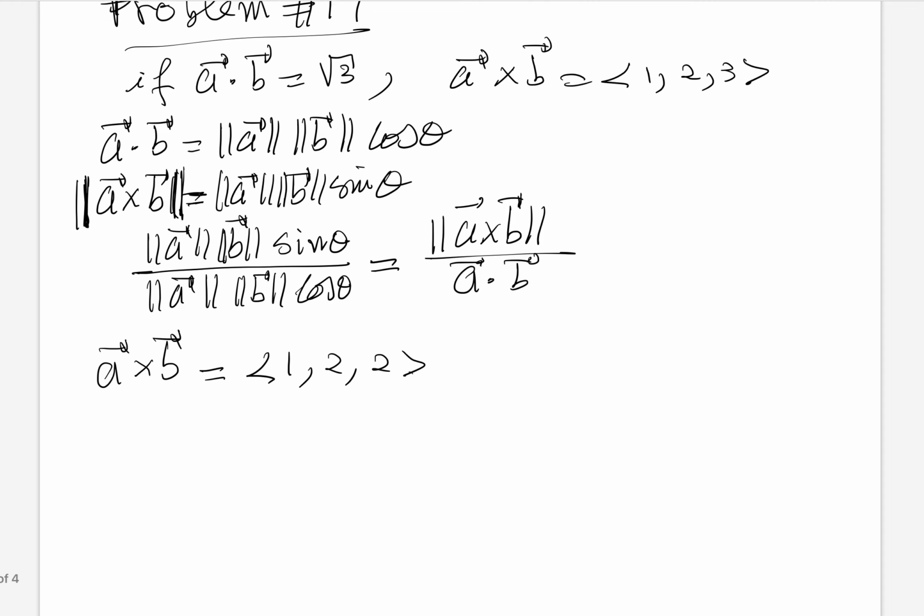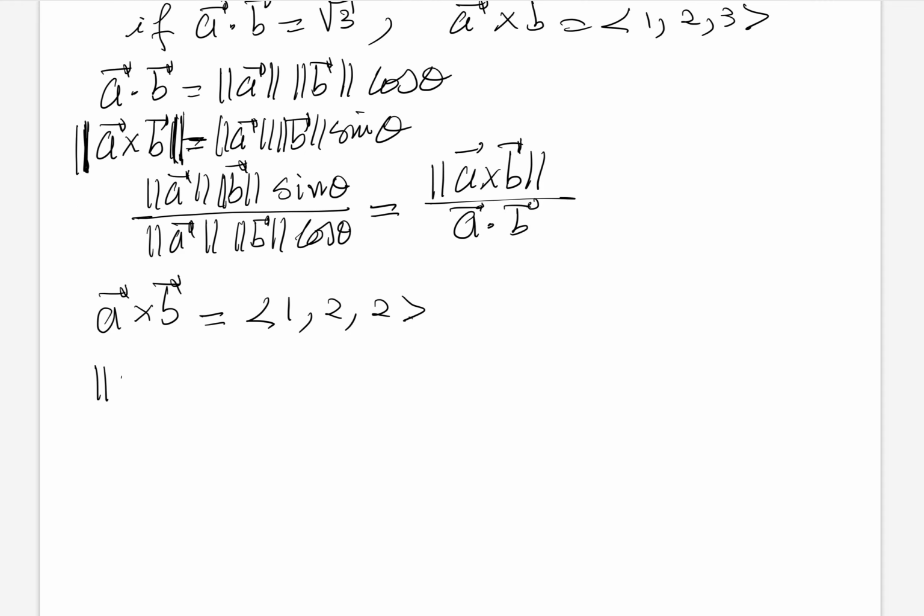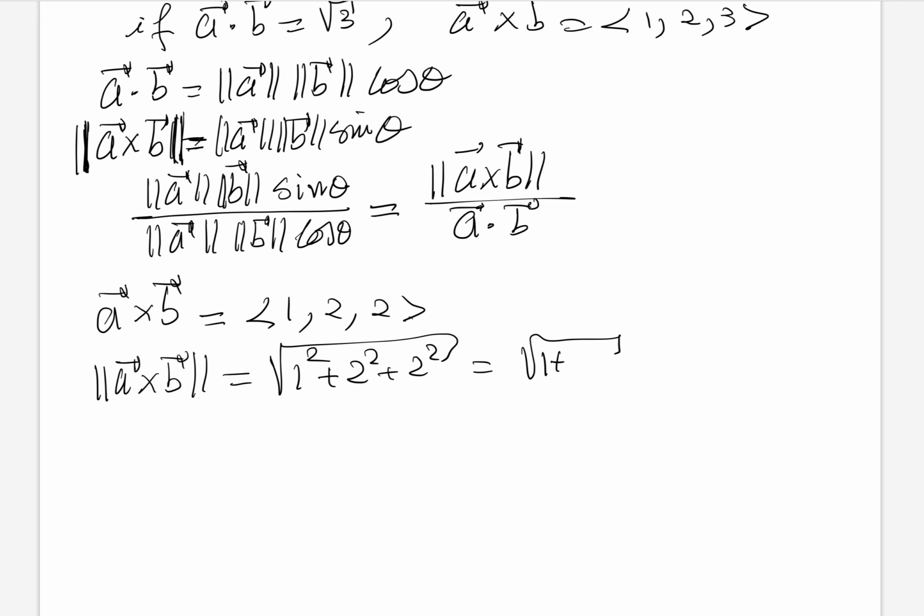So now the norm of the a cross b vector is equal to the square root of 1 plus 2 squared plus 2 squared, which is 1 plus 4 plus 4, the square root of 9. This is 3.